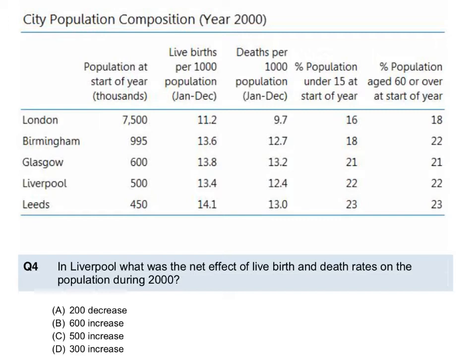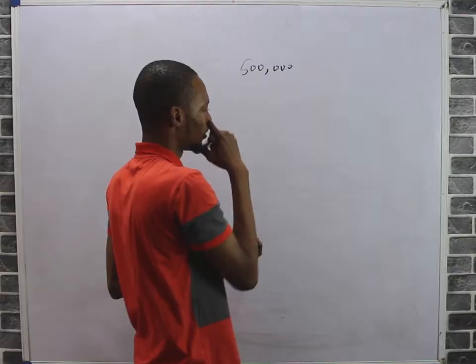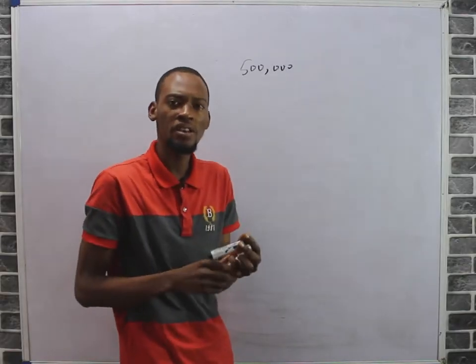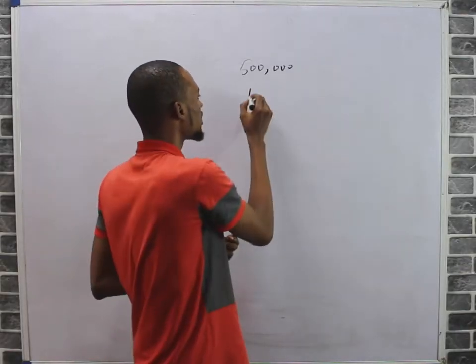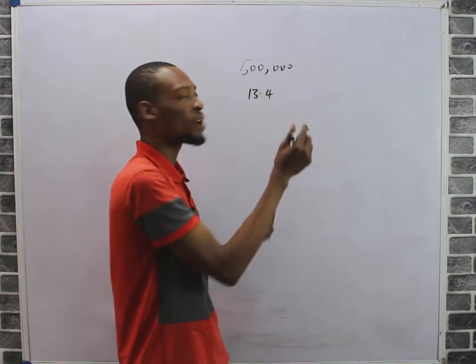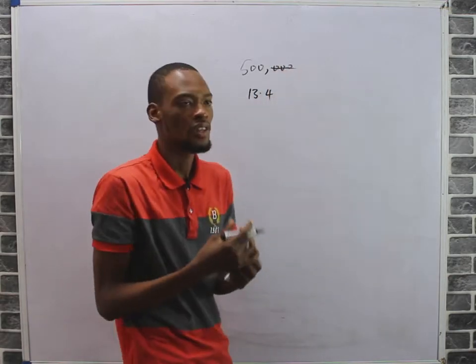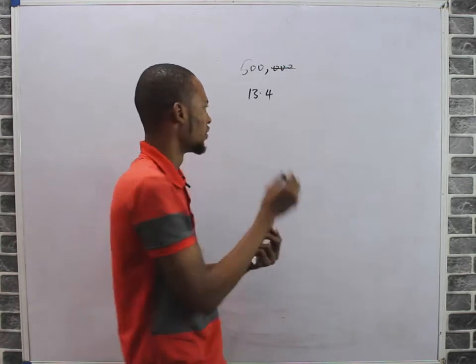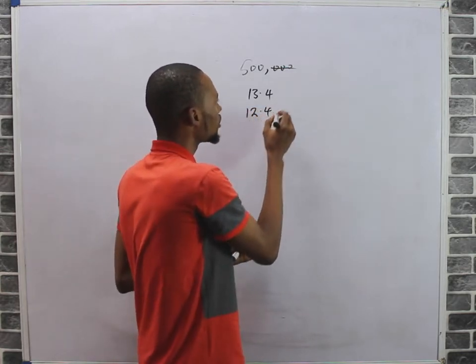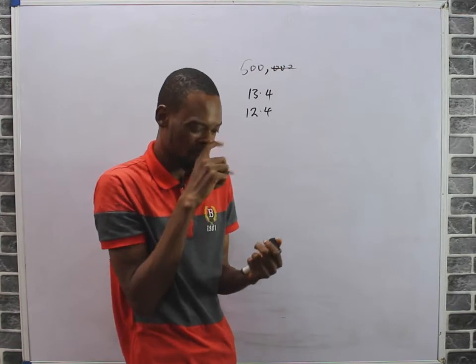Live births per 1,000 is 13.4, and live deaths per 1,000 is 12.4.